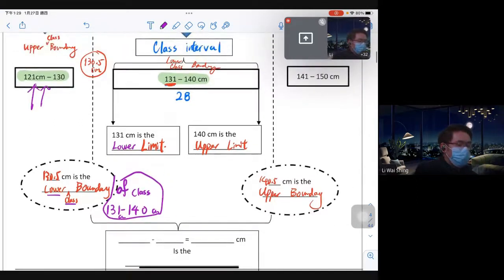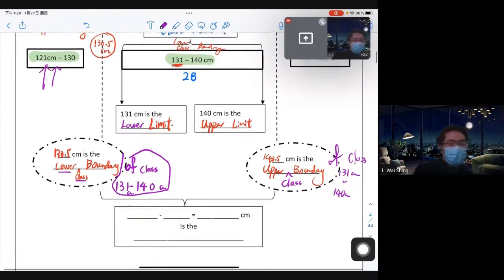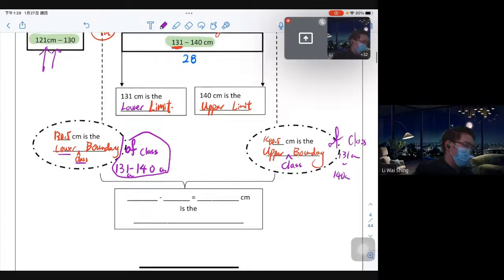At the same time, 140.5 is the upper class boundary of the class 131 cm to 140 cm. And then the last vocab you have is called the class width. How wide is the class? The largest is 140.5, the smallest is 130.5. So 140.5 minus 130.5, 10 cm is the class width.